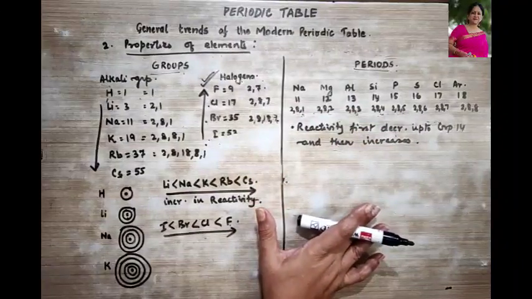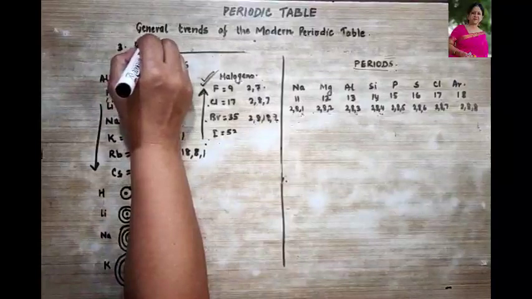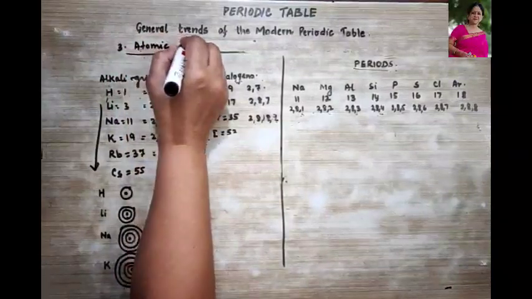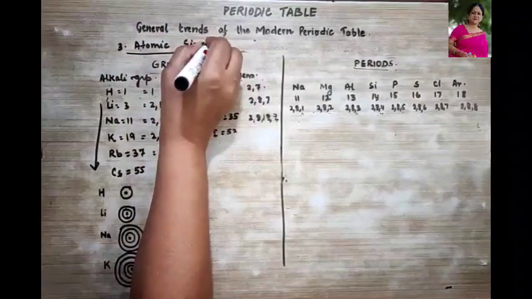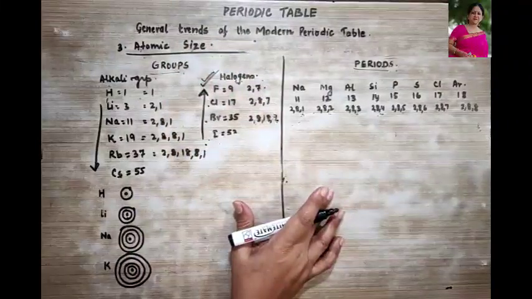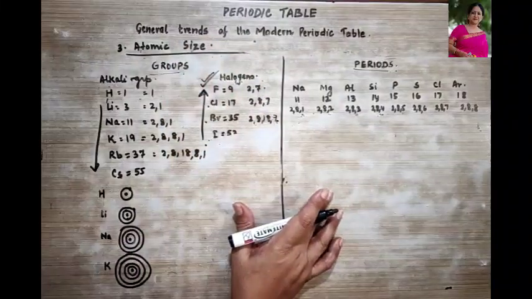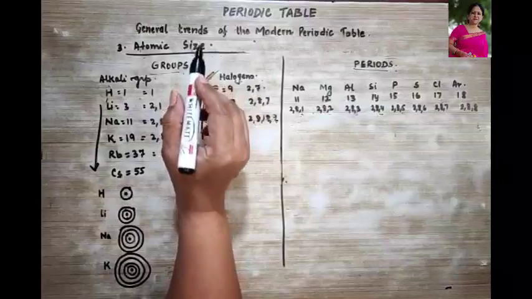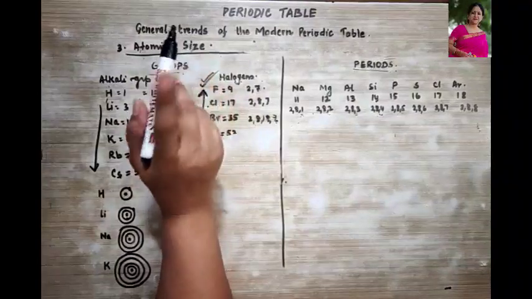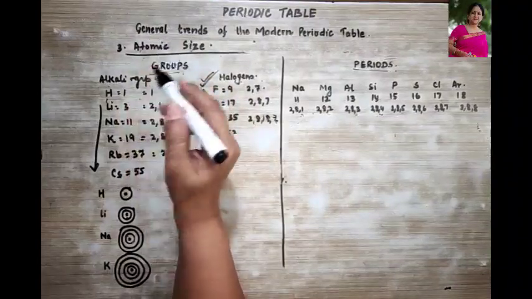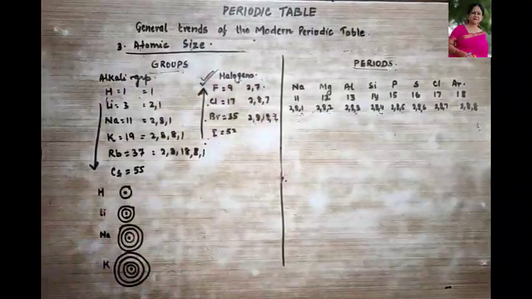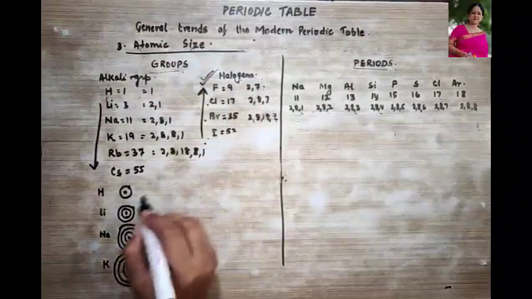Now we next come to atomic size. The atomic size. Now this is very interesting. Try to understand what we mean by atomic size. Atomic size basically depends upon the atomic radii. Now what do we mean by radii?